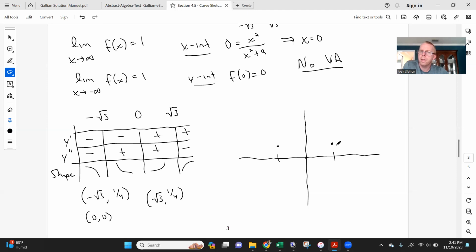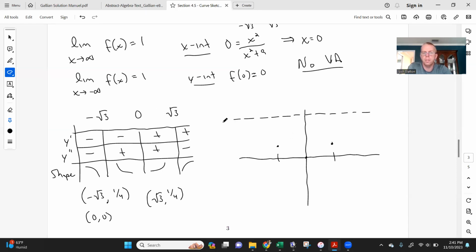All right, and then the only other thing you got to make sure is we have a horizontal asymptote at 1. So let's draw our boundary here for the asymptote. And so we're not going to go above that because we're always decreasing from negative infinity to 0.